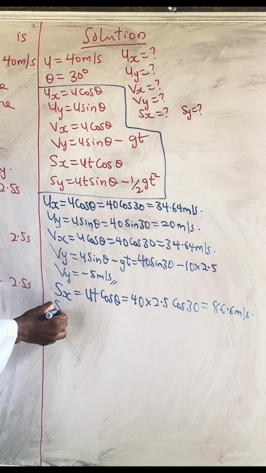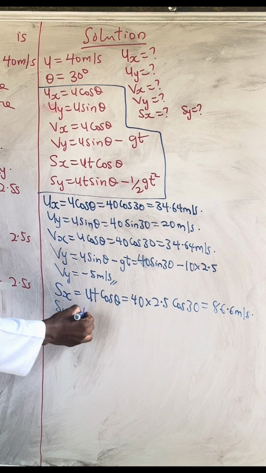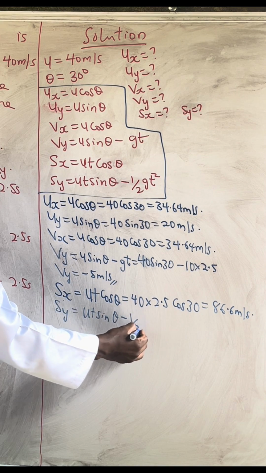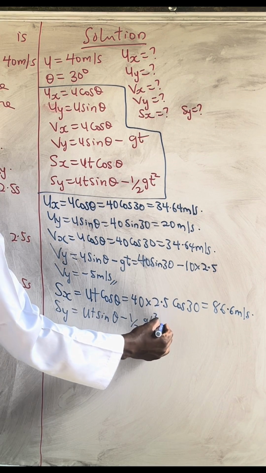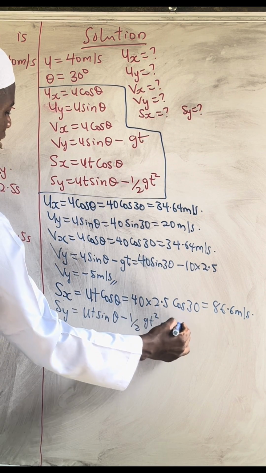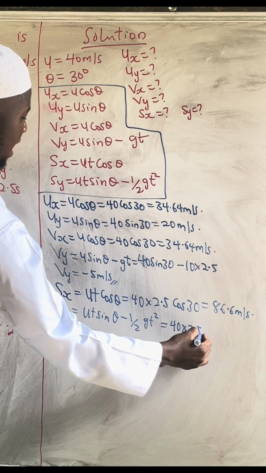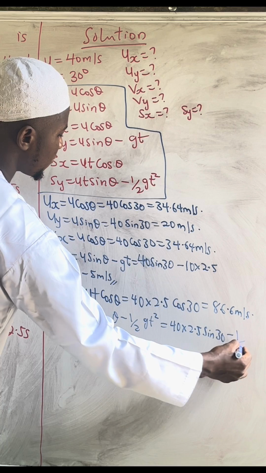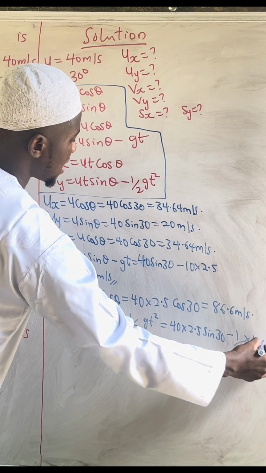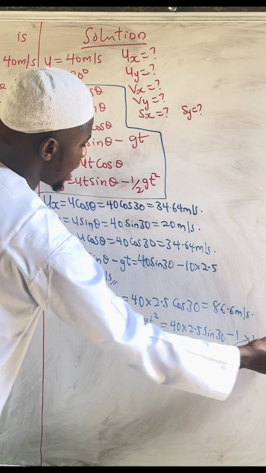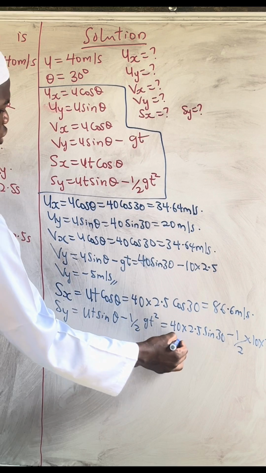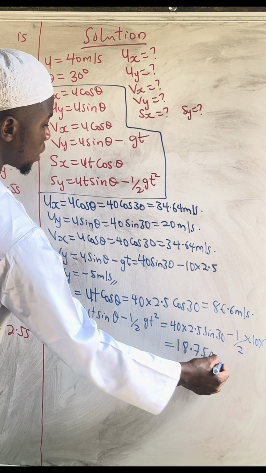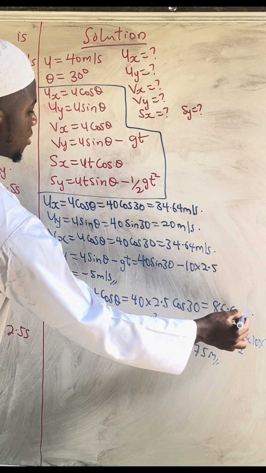We will also look for our Sy, that is ut sine theta minus half gt squared, which equals 40 times 2.5 sine 30 minus half times 10 times 2.5 squared. If you do the calculation very well, you are going to get 18.75 meters.